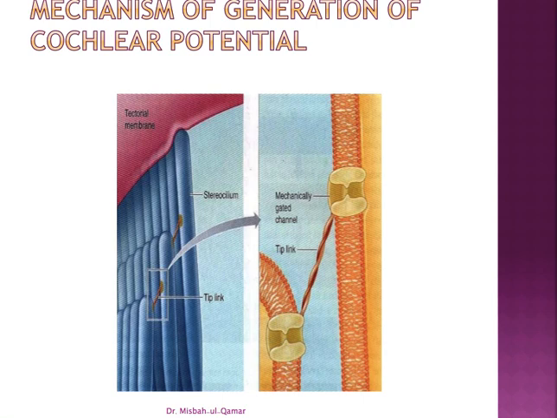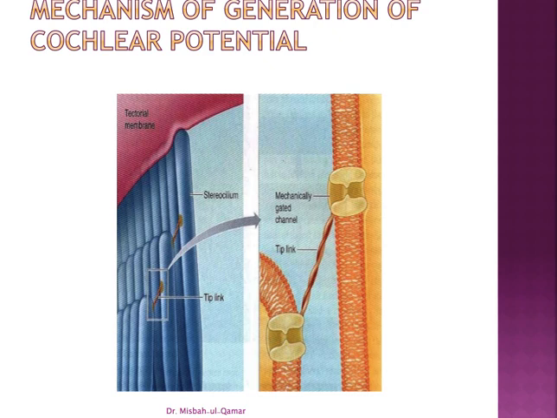As I already told you, there are lateral crosslinks, or you can call them tip links, which attach the stereocilia to one another within and between the rows.